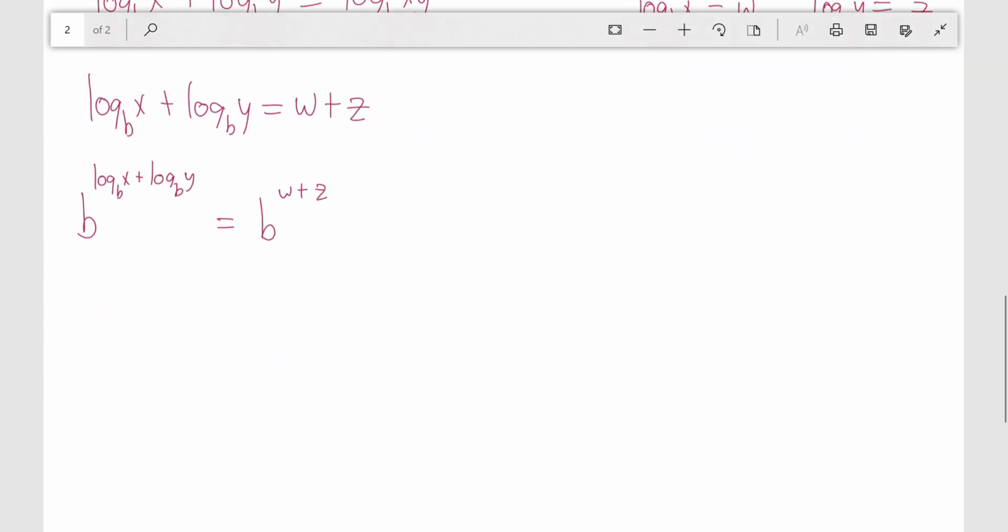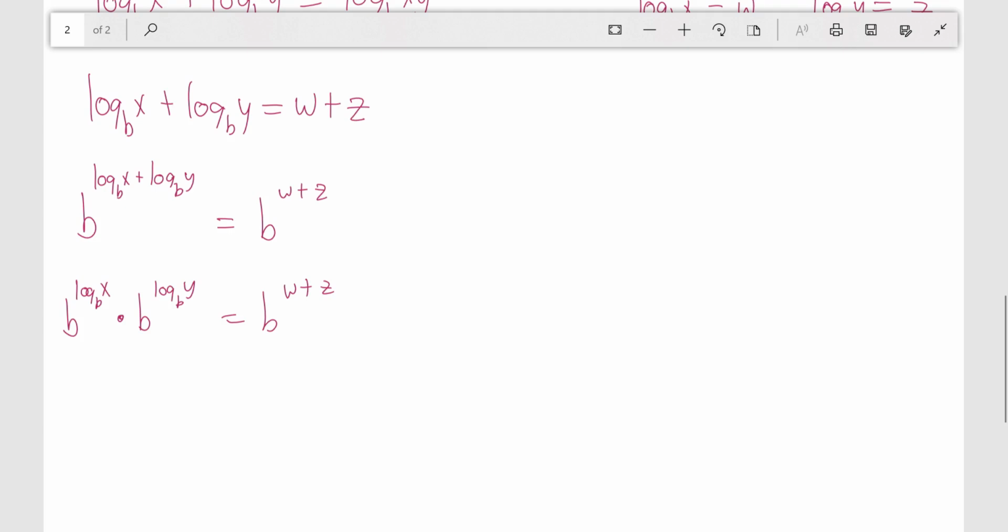So on the left side, if I'm adding two exponents together, that's the same as multiplying their bases. So I'm going to write this as b to the log x times b to the log y equals b to the w plus z.